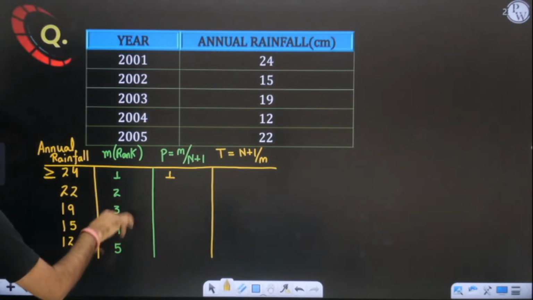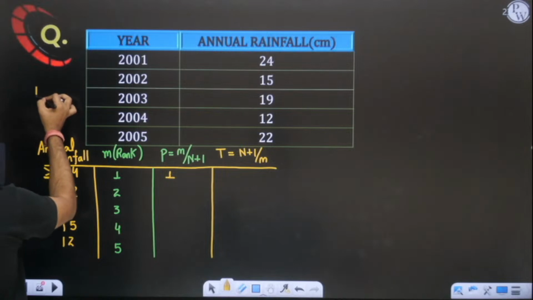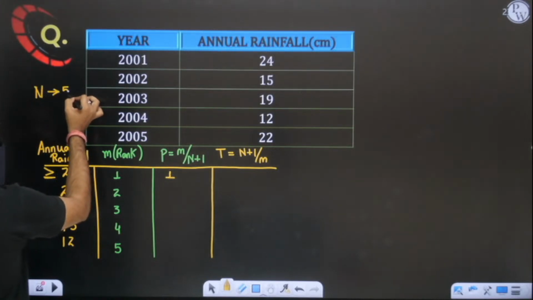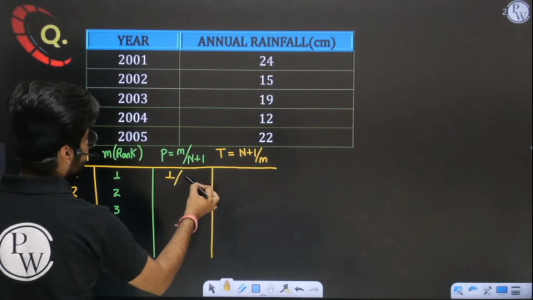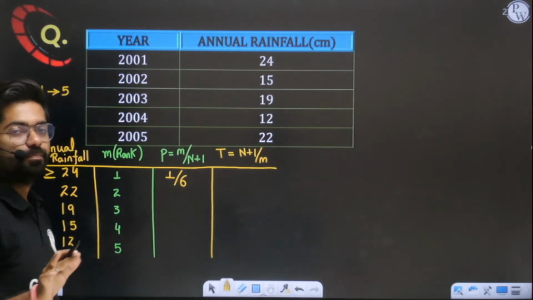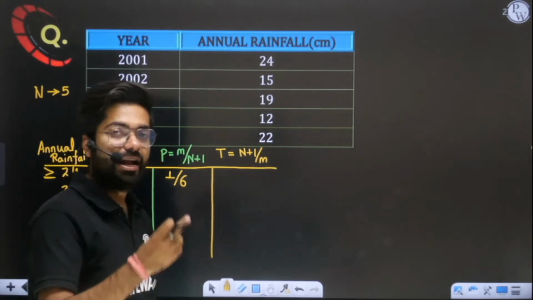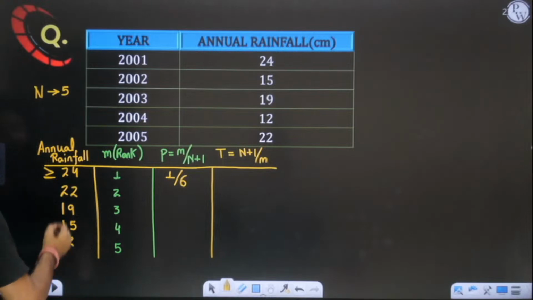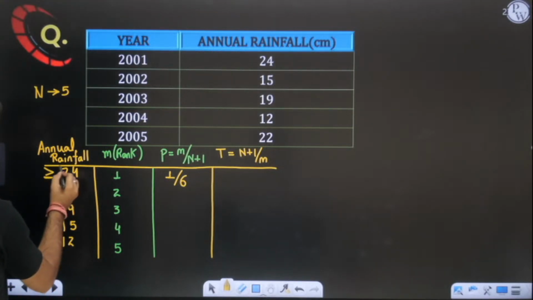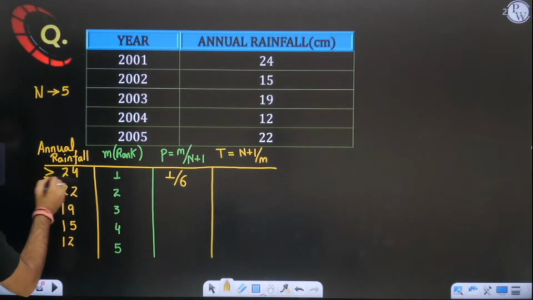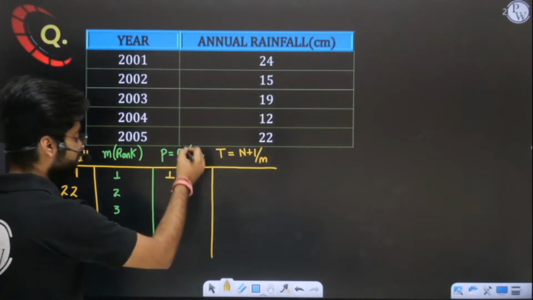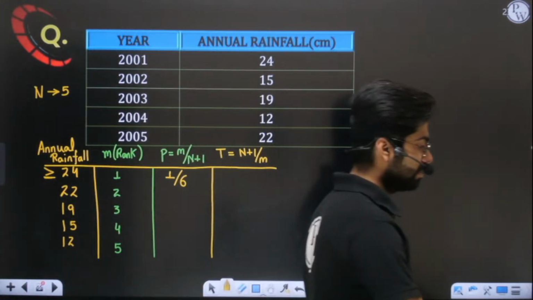I hope you have understood that the value of n is 5 in this case. So 5 plus 1 is 6. So the probability that rainfall is greater than or equal to 24 is 1 by 6.